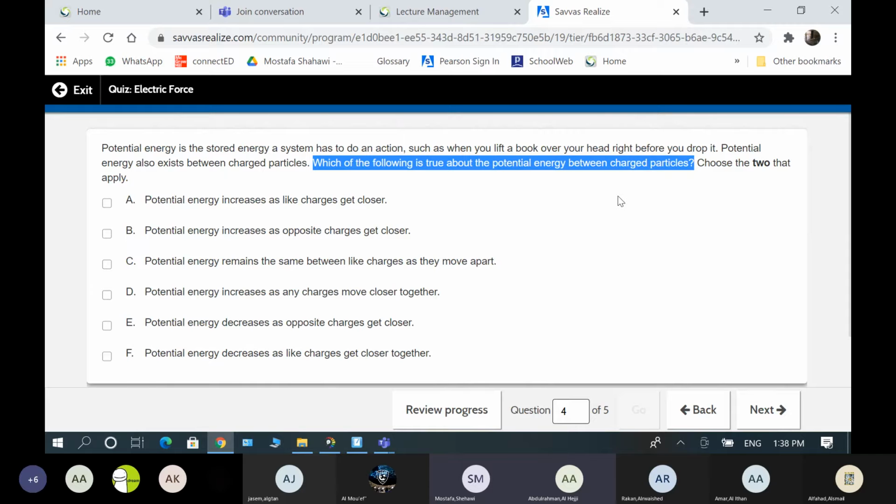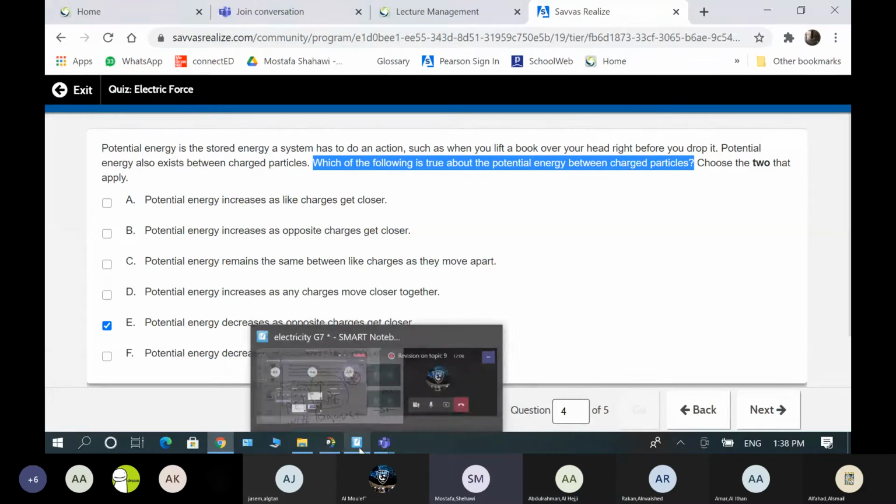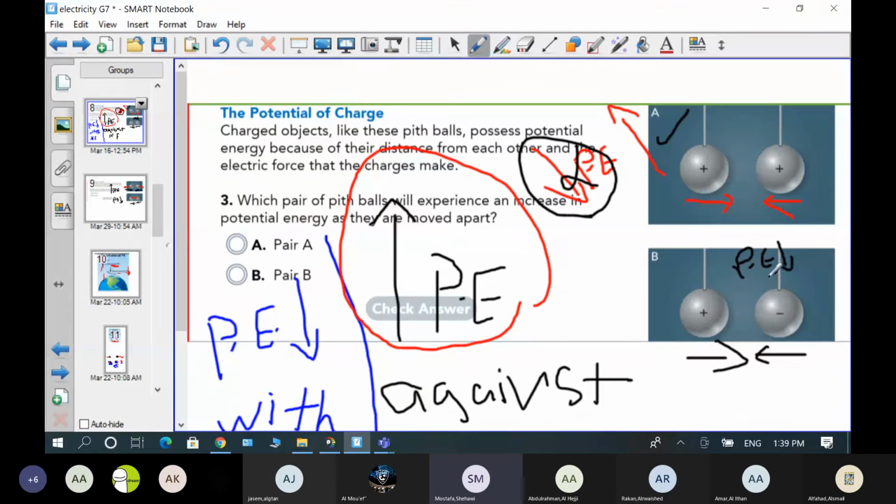E. Potential energy decreases as opposite charges get closer. Yes, it's E. Opposite charges get closer and the potential energy decreases.